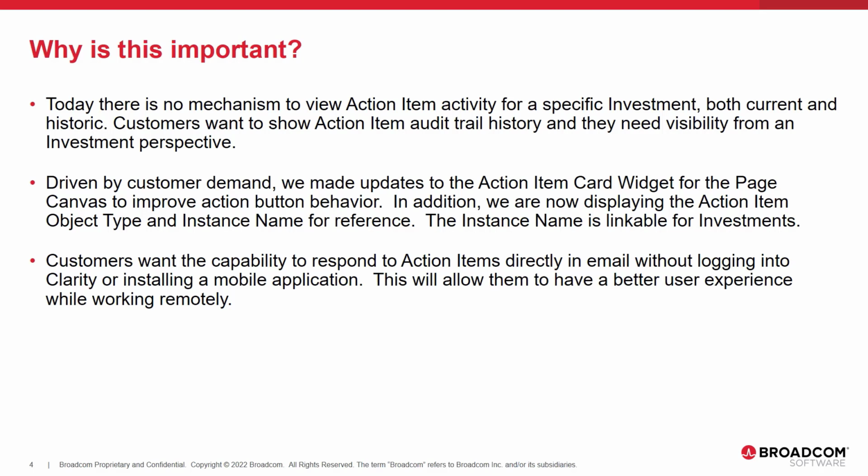We also wanted to provide, per request, a link to the master object where possible, and we changed some of the button behavior. And lastly, to provide a better user experience while users are working remotely, they can respond and take action on their process action items directly in email, and it'll update Clarity.